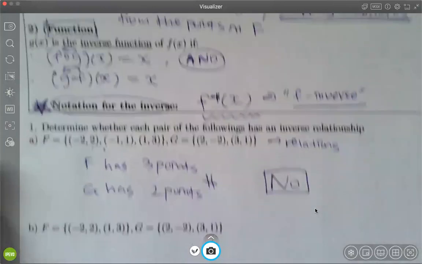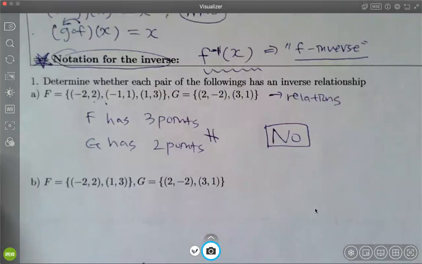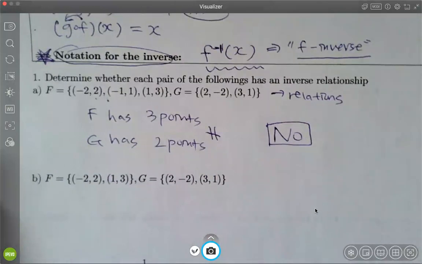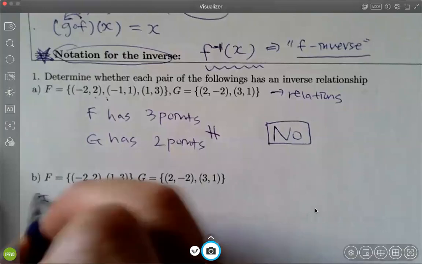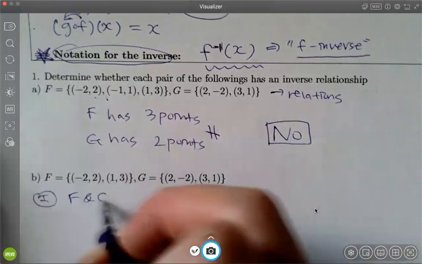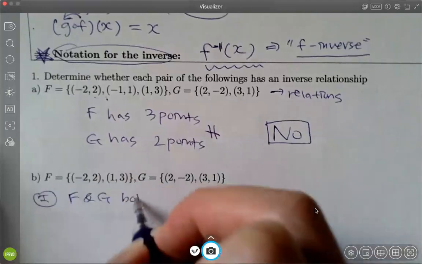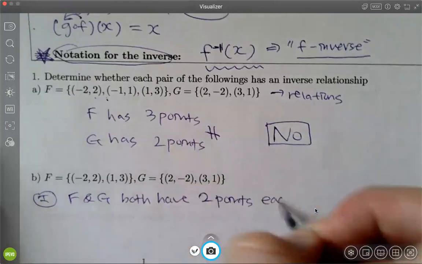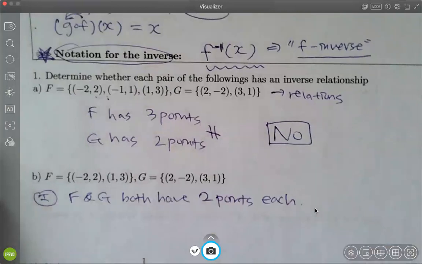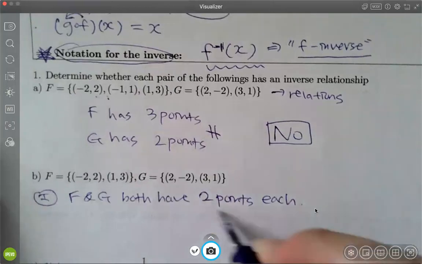Now, part B. Are they inverses? It should be, right? Because part A was no, so this better be yes. But let's see why. Number 1, F and G both have how many points? 2 points each, right? So condition 1 is satisfied.